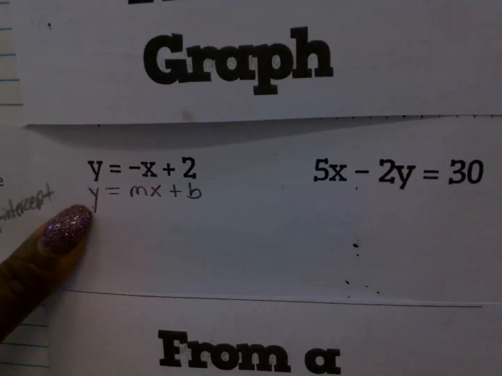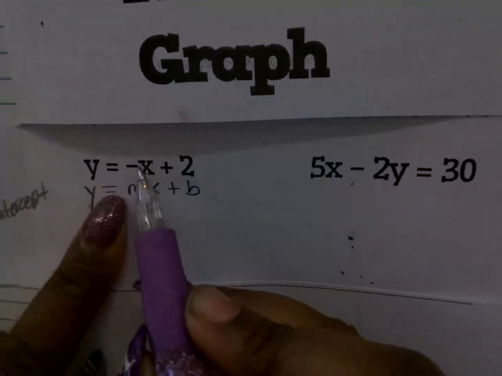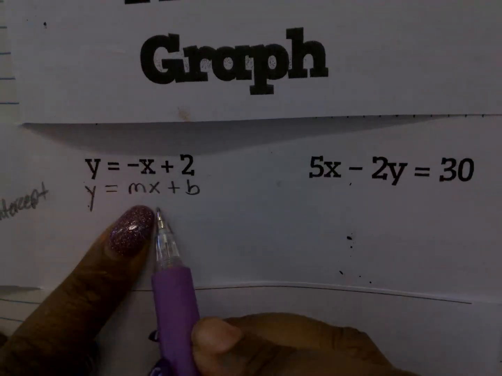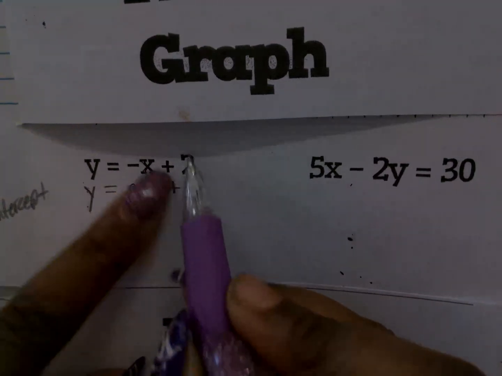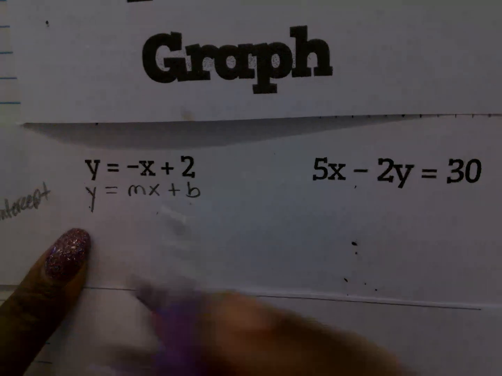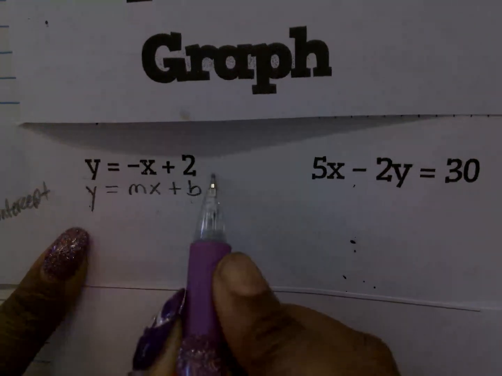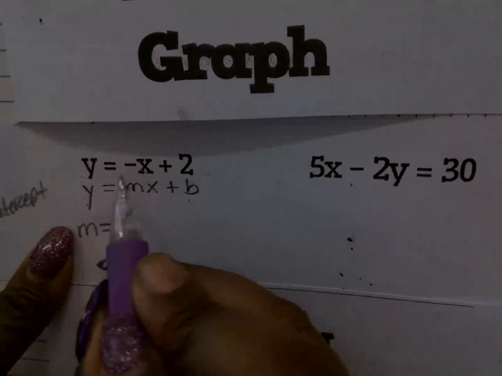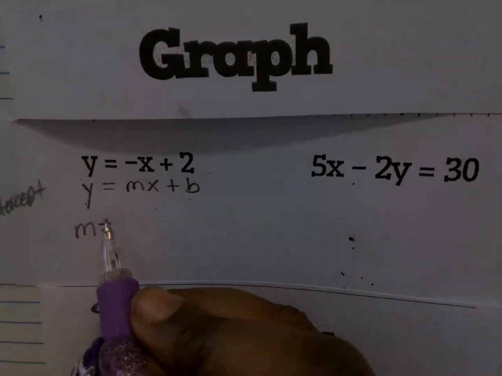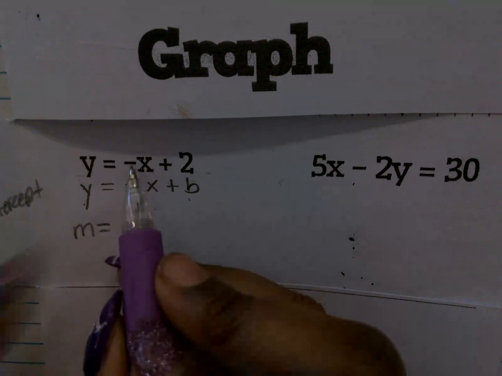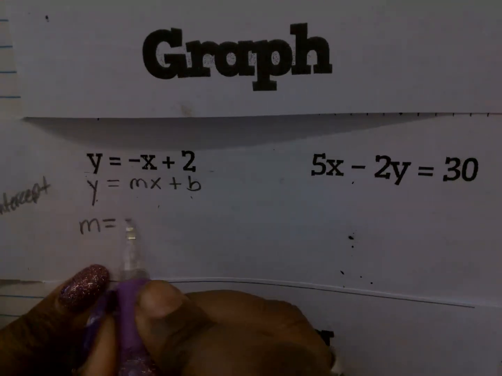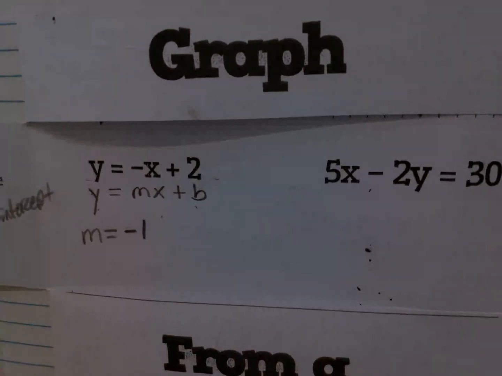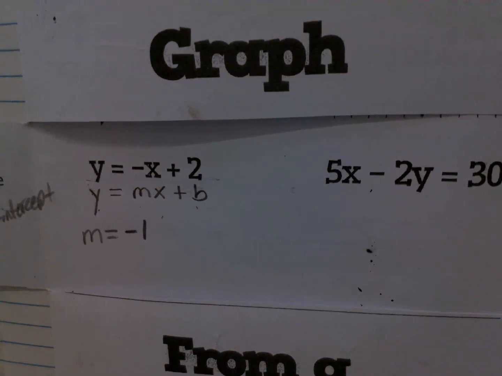Y is the output. M is the slope. X is the input. And b is the starting amount or the y-intercept. So for this equation, your slope is going to be the number that's in front of x, not x. The number in front of x is -1. There's automatically a 1 in front of every single variable if you don't see one there.